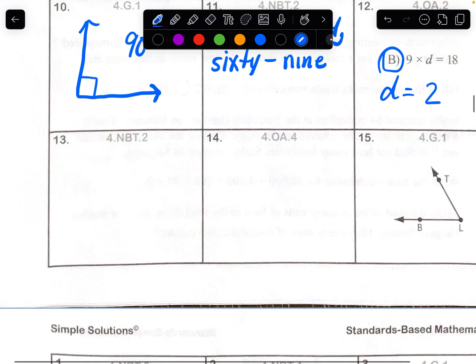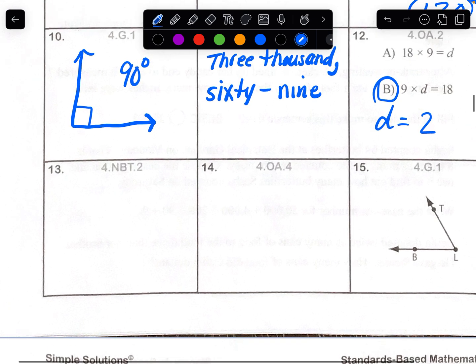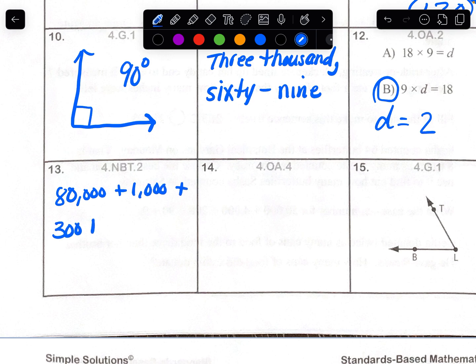Okay, 13, expanded form: 80,000 plus 1,000 plus 300 plus 20 plus 2. Right? Is 25 prime or composite? Well, to figure that out, you have to list the factors.